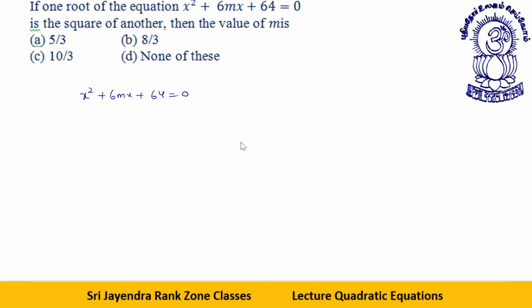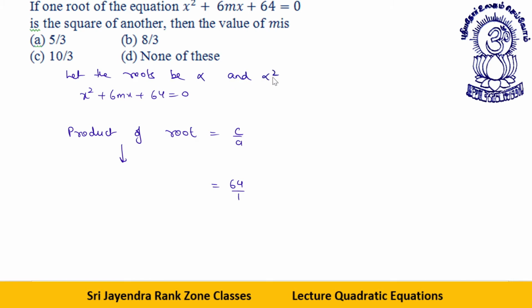Okay, dear students, very easily it can be solved. What will be the product of roots? Product of roots will be C by A, that will be equal to 64 by 1, and let the roots be alpha and alpha square.